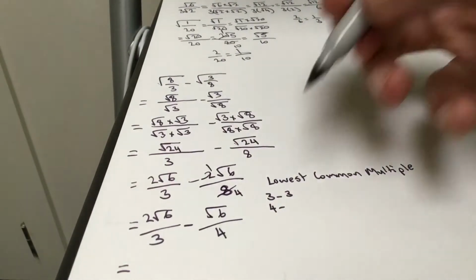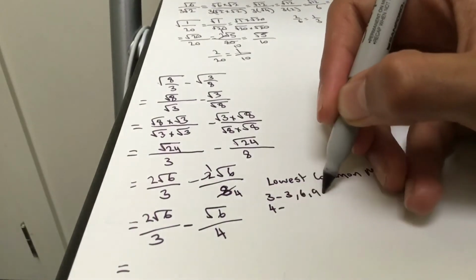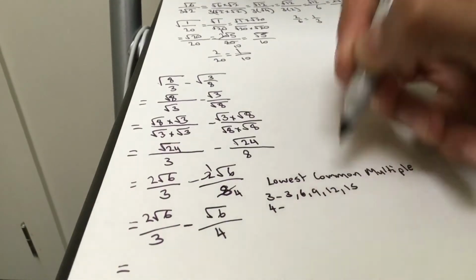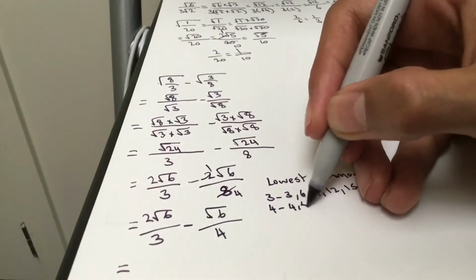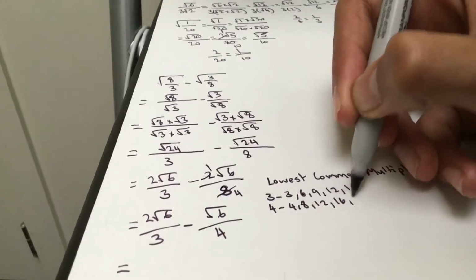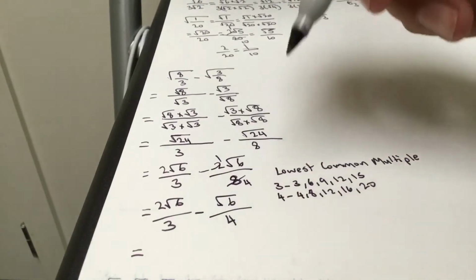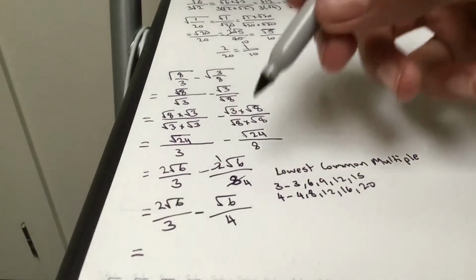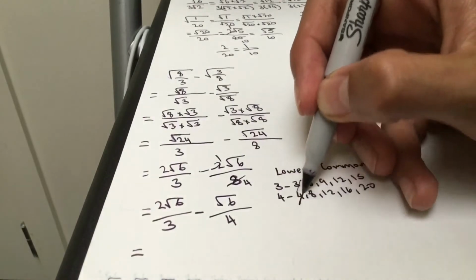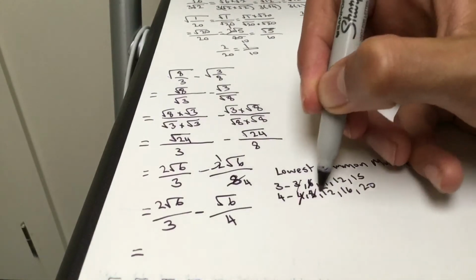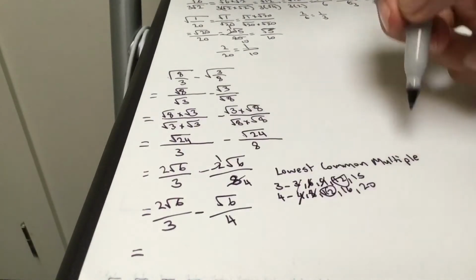If you don't know, we're going to go 3, 6, 9, 12, 15, and 4, 8, 12, 16, and 20. So we cut out what's not common in both the numbers. 3 is not, 4, 6, 8, 9, and then we get to 12. So that's our lowest common multiple.